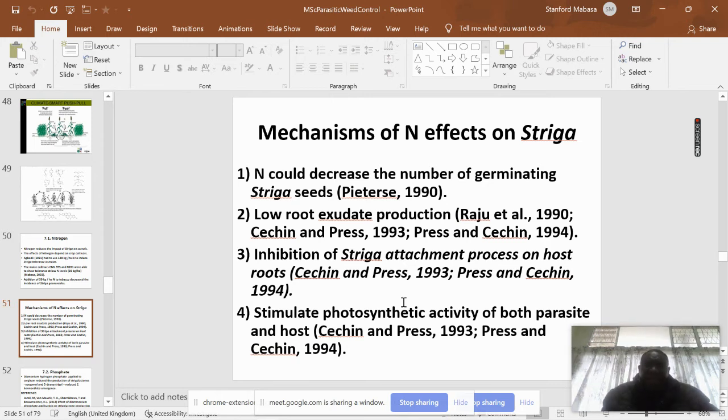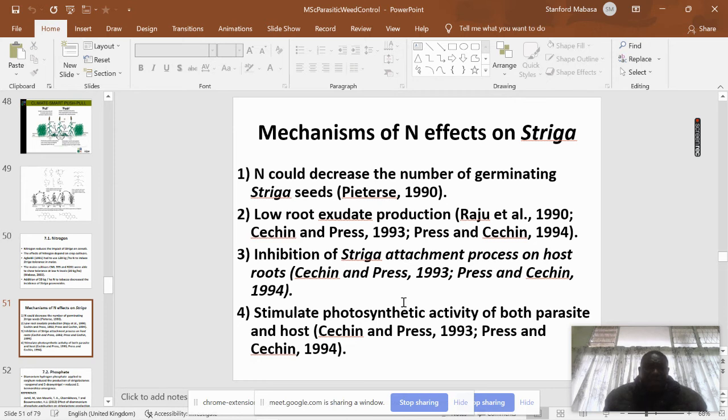So we can limit the striga germination stimulants, which cause striga seed to germinate. The other one is the inhibition of the striga attachment process on the host roots, forming haustoria. So haustoria formation is disrupted in a nitrogen environment.